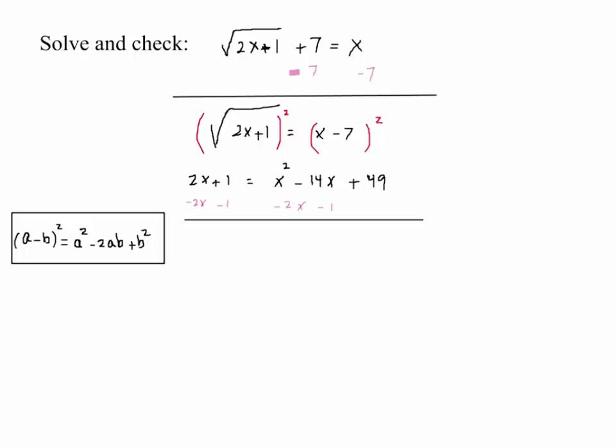So we would get x squared minus 14x, then we have minus 2x goes to the right, so it would be minus 2x, and then minus 1, and then we have plus 49, whole thing equal to 0.